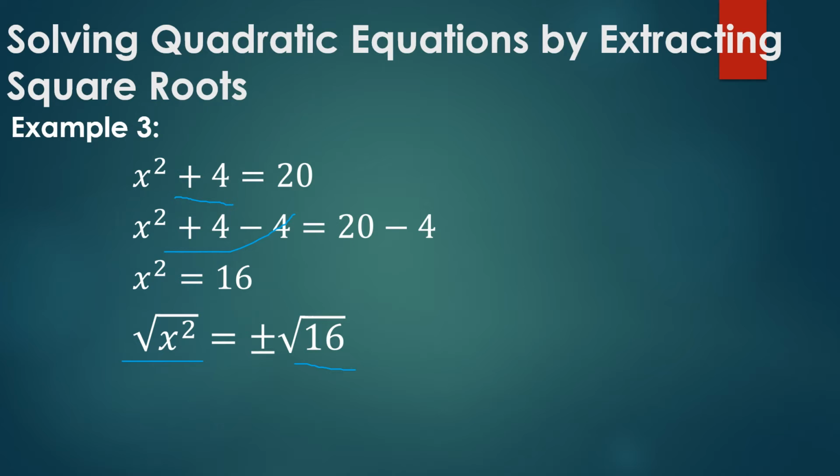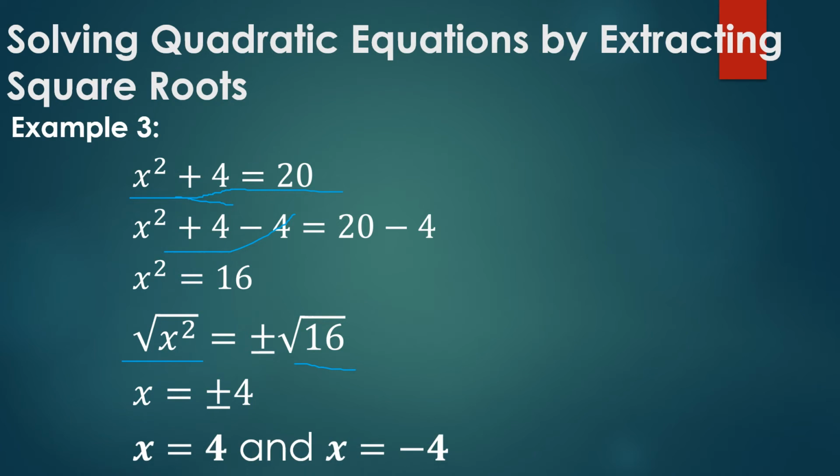That's why our answer is x is equal to positive negative 4. Therefore, the values of x in the equation x squared plus 4 is equal to 20 is 4 and negative 4. Again, to determine if our answers x is equal to 4 and x is equal to negative 4 are correct, we have to substitute this in our equation.